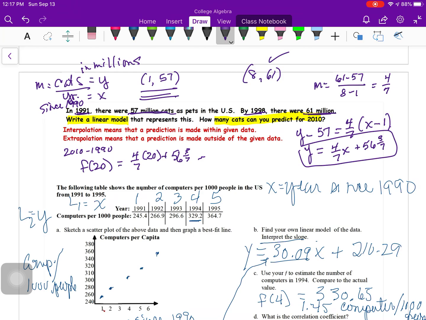And that gives me about 68 million cats in 2010.